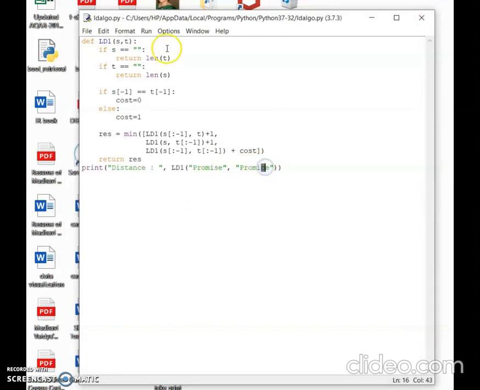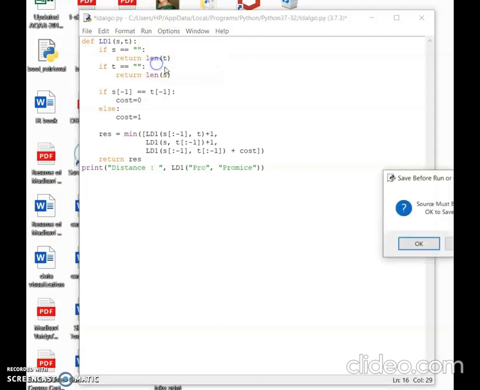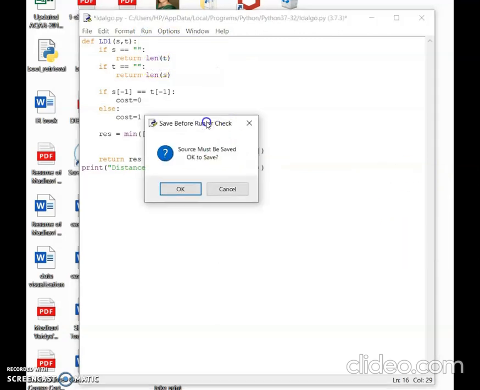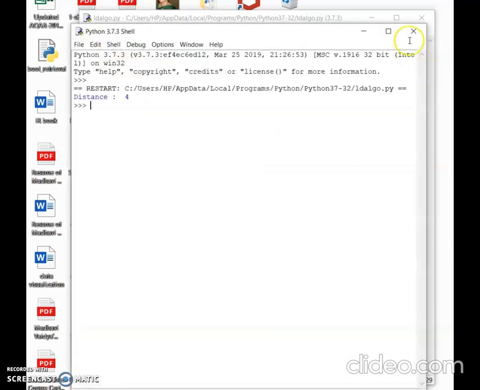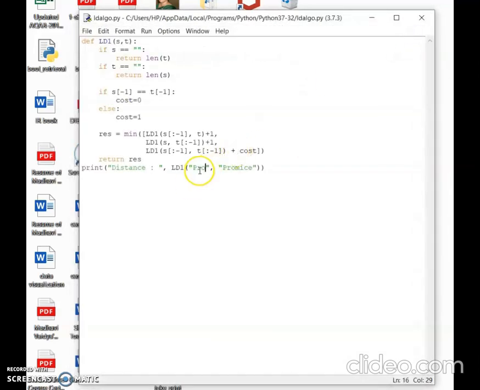Otherwise all the characters are the same. In the same manner, if I say pro and promise, then we can find out what the distance between the two is. So obviously it will be 4, because the characters MISE are different over here than this pair.